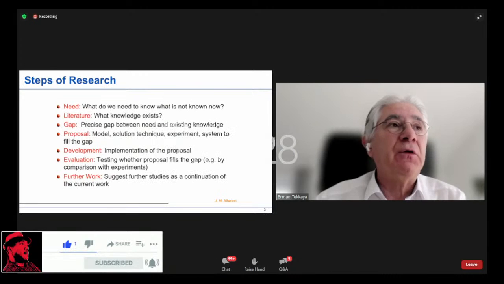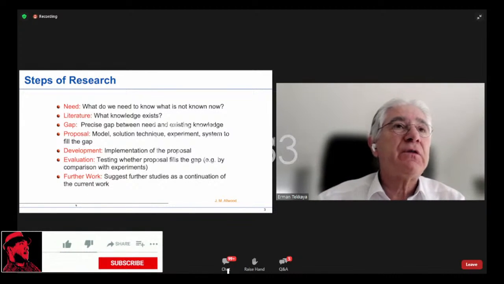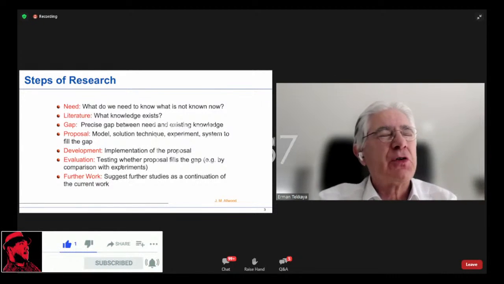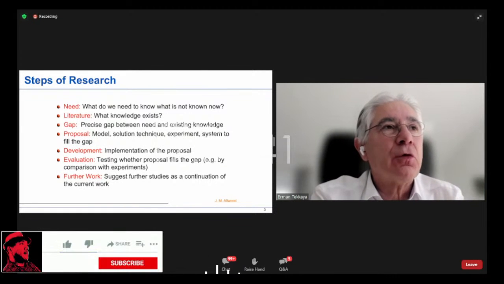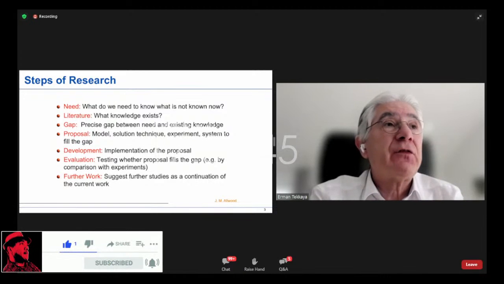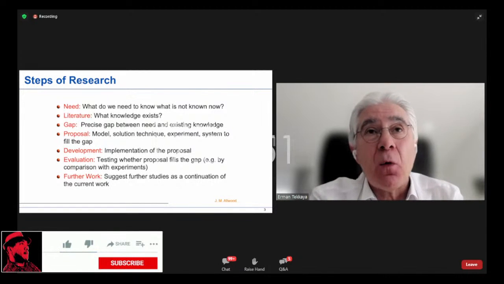little bit about this. So my first point is, what are the steps of research? First of all, you have to determine the need for the research you are doing. So the question you have to ask yourself is, what do we need to know that is not known now?